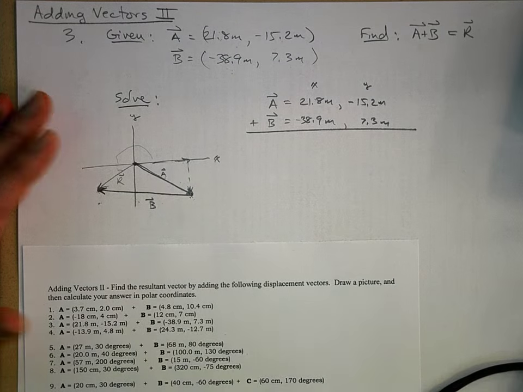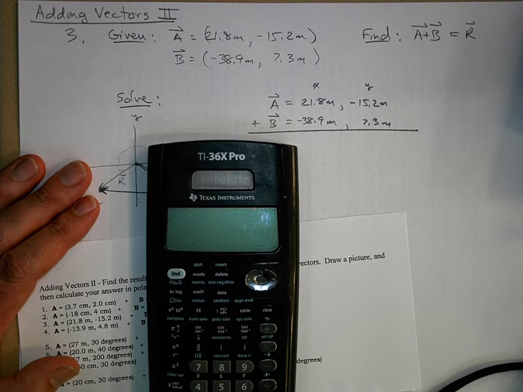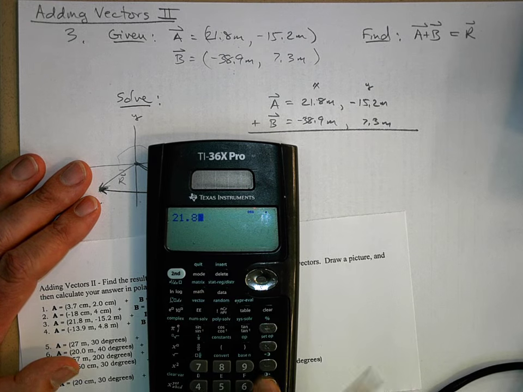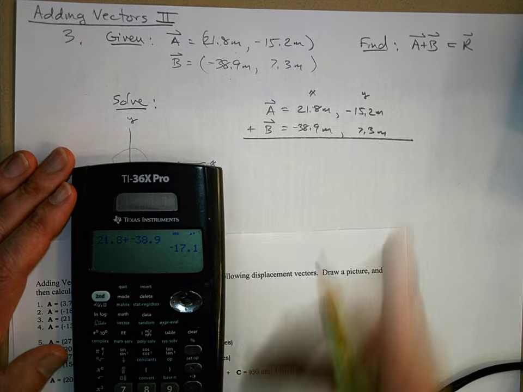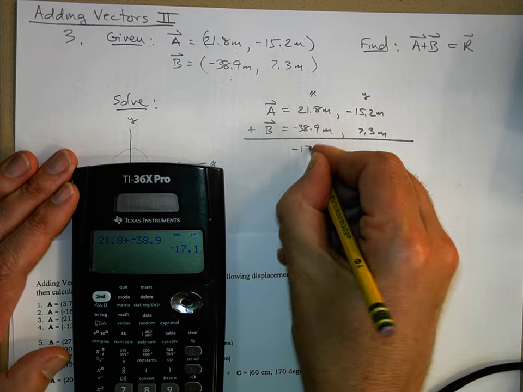All right, so now we can add this. Let's see, 21.8 plus negative 38.9, and we get negative 17.1. That makes sense.